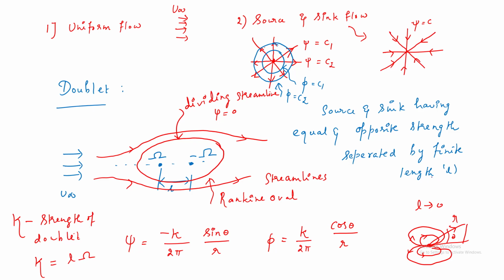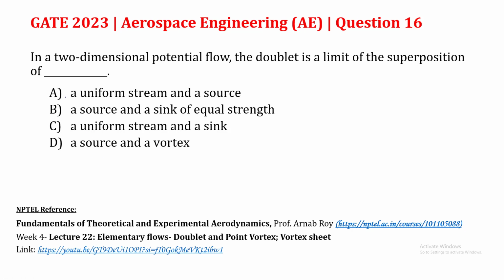Now let's have a look at the options given. The first option is the uniform stream and the source. Here the sink is not coming, so this is not a correct option. Option B is the source and the sink of equal strength, with opposite signs. So this is the correct option.